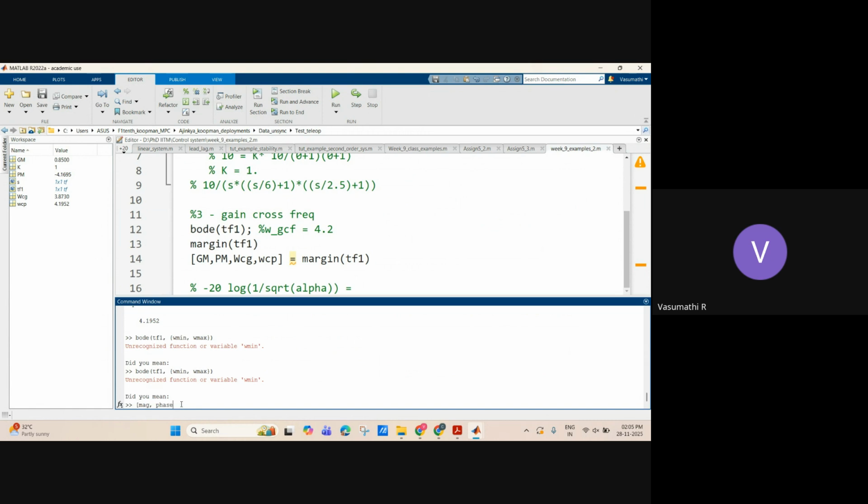Magnitude, phase is equal to Bode of TF1, comma, omega. I have to define, right? That I'm defining as logspace, some minus 1, comma, 2, comma 2000 if I want to say.